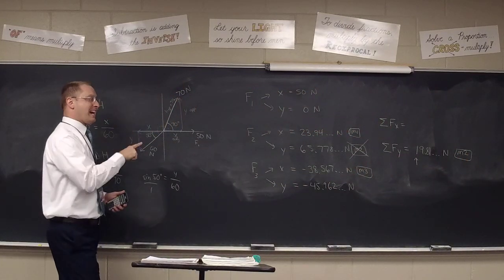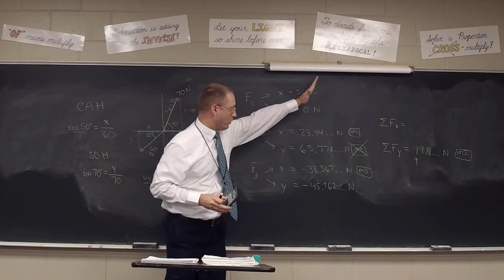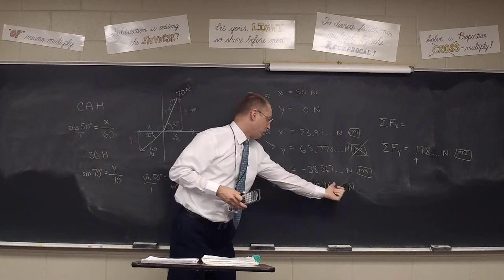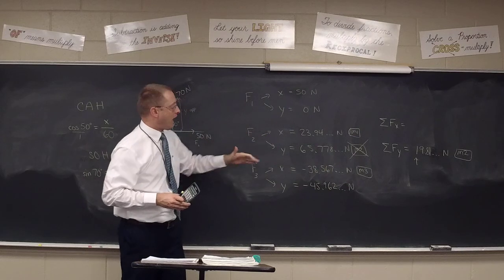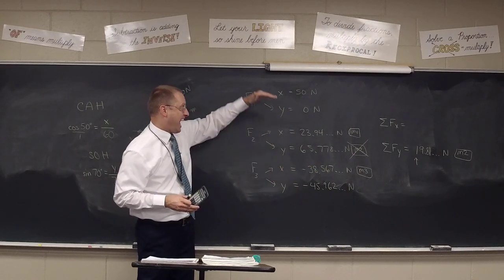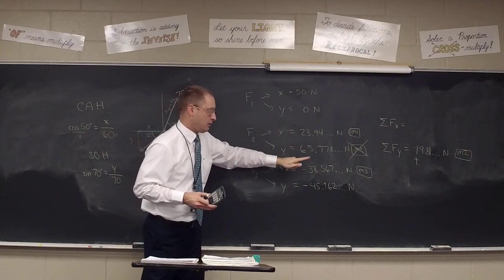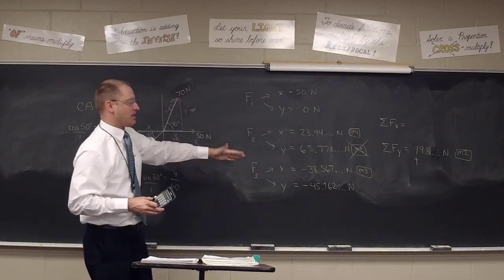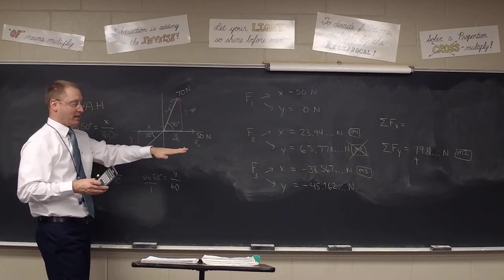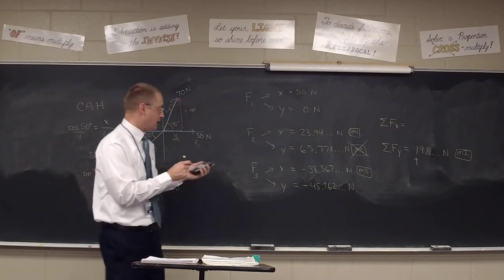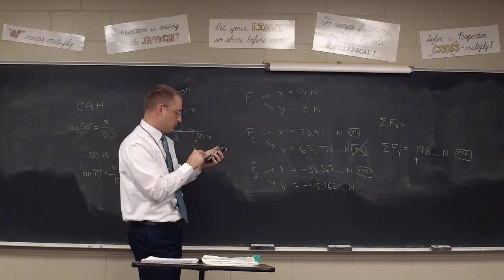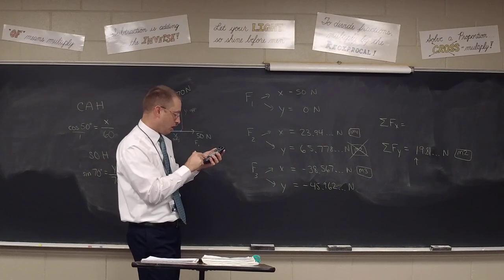Excellent. For the x's, I've got 50 going forward, I've got 23 going forward, but then I've got 38 going backward. I've already made it a negative, so literally I just add 50 plus the other forward force, plus the negative. If I hadn't made it a negative, I'd have to subtract it. I made it a negative, so I wouldn't have to think about it. So we're going to take 50 plus recall 1 plus recall 3.